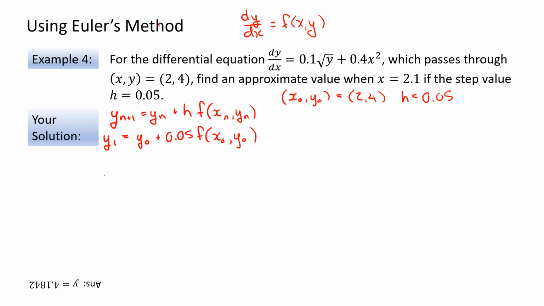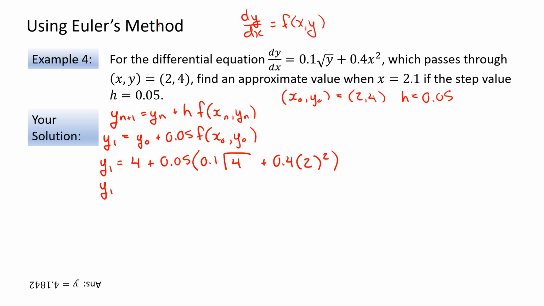Okay, so if we do that, we get that y1 is equal to our first point of y, which is 4, plus 0.05 times our function, which is 0.1 times the root of y, so it's the root of what our current y point is, which is 4, plus 0.4 times our current x point, which is 2 squared.